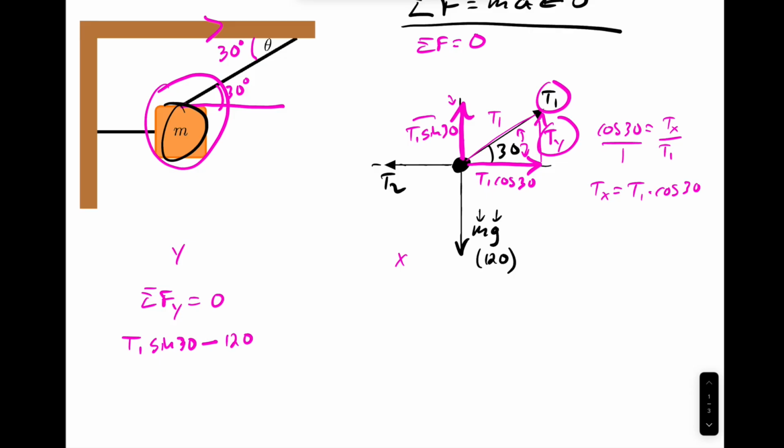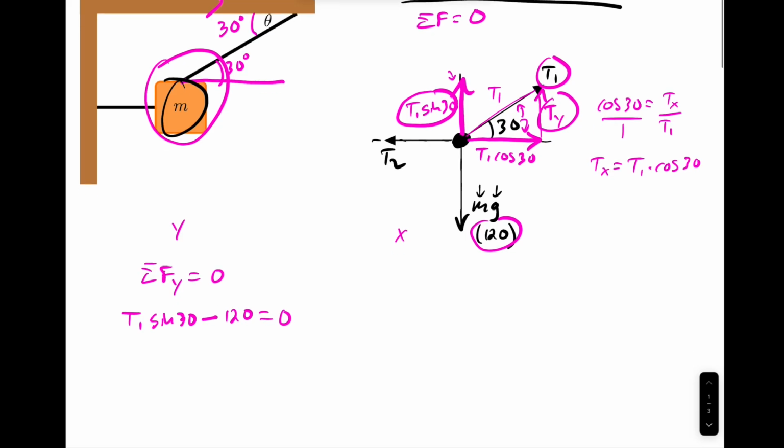The T1 sine 30 is up, the 120 is down, and those are both in the y direction, and that has to be equal to 0. Or you could skip right to the chase and say T1 sine 30 has to be equal to 120, because I know they have to be balanced since it's not moving. But I think it's better to write it down in Newton's law, just so you get used to using that pattern.